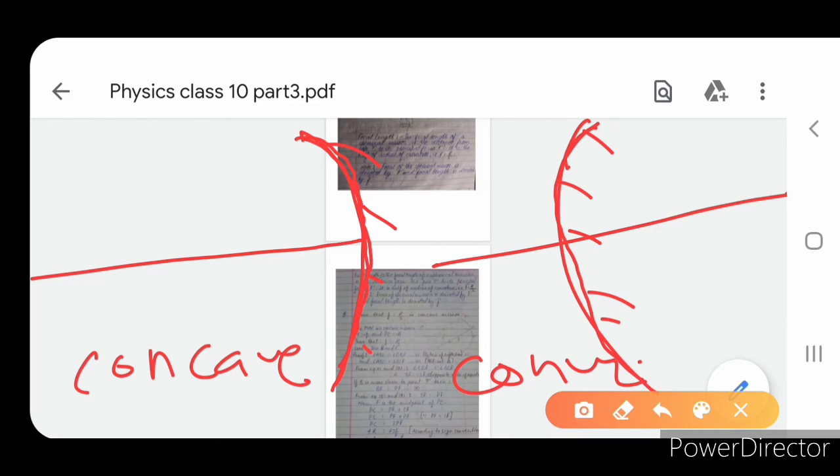So this is convex and this is concave. Now this will be P, F, and this will be R. Similarly here P, F, and this will be R.